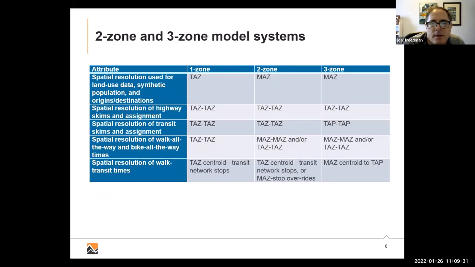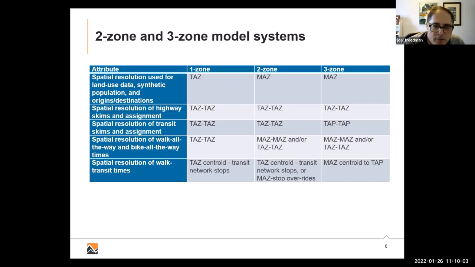So that's now implemented in ActivitySim. The 3 different zone systems are shown here. The 1-zone system is the standard TAZ-based system, where all the skimming and assignment is done at the TAZ to TAZ level. In the 2-zone system, we use TAZ to TAZ skims, but all the origins and destinations are located at the microzone level, and we use an all streets network to calculate non-motorized times between microzones.